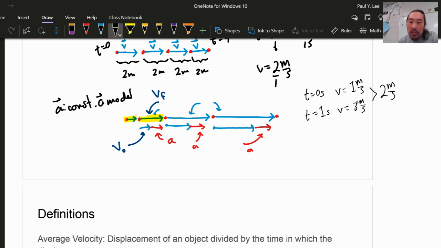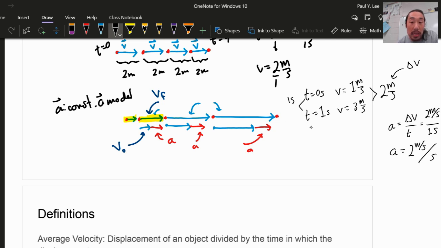So because this is a span of 1 second, this right here is a change in velocity. And remember, the formula for acceleration is how much your velocity changes in a specific amount of time. We can say our velocity changed by 2 meters per second for every 1 second. So acceleration is 2 meters per second squared.